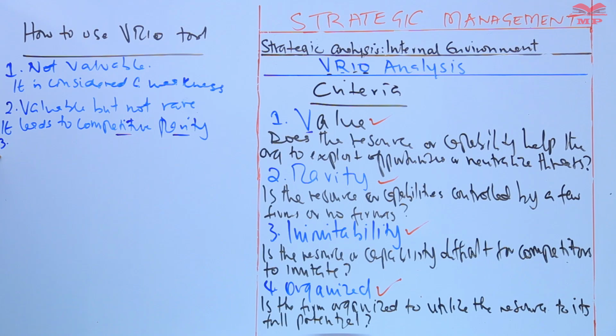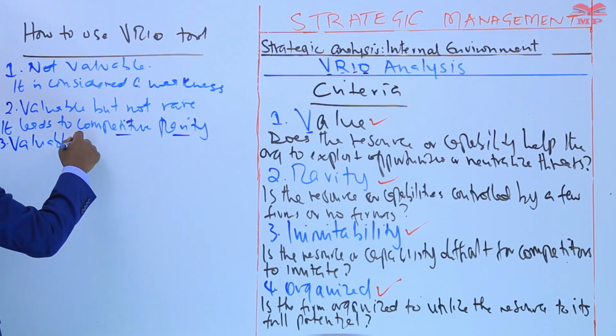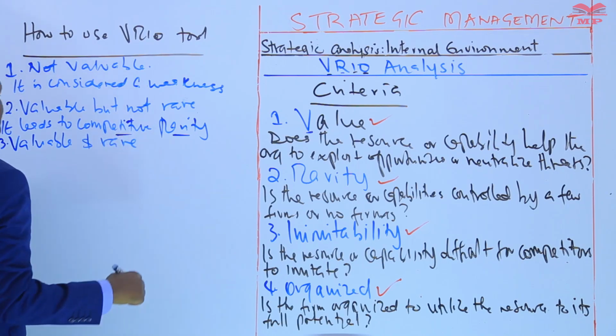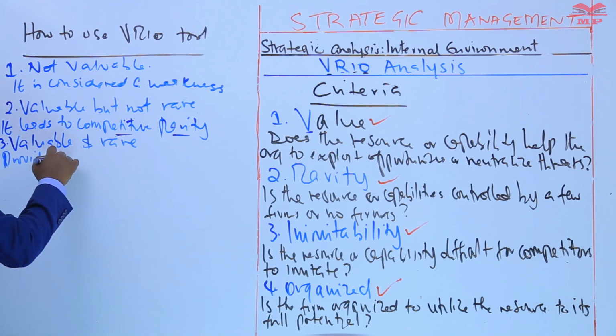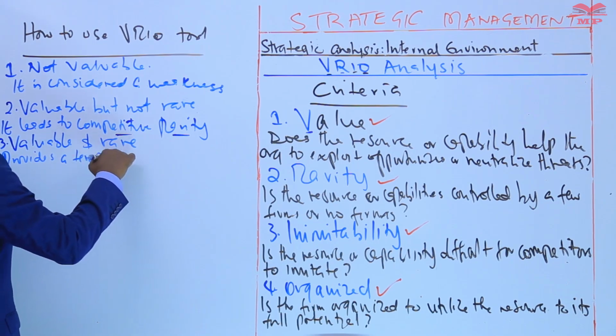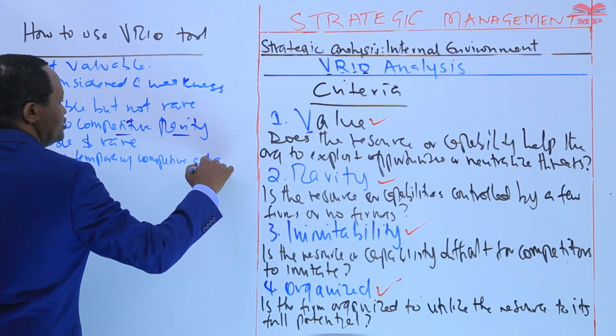Then number three, another scenario is that we may have a resource or capability that is valuable and rare. We may have a valuable resource, at the same time, it is rare. That means it provides a temporary competitive advantage.